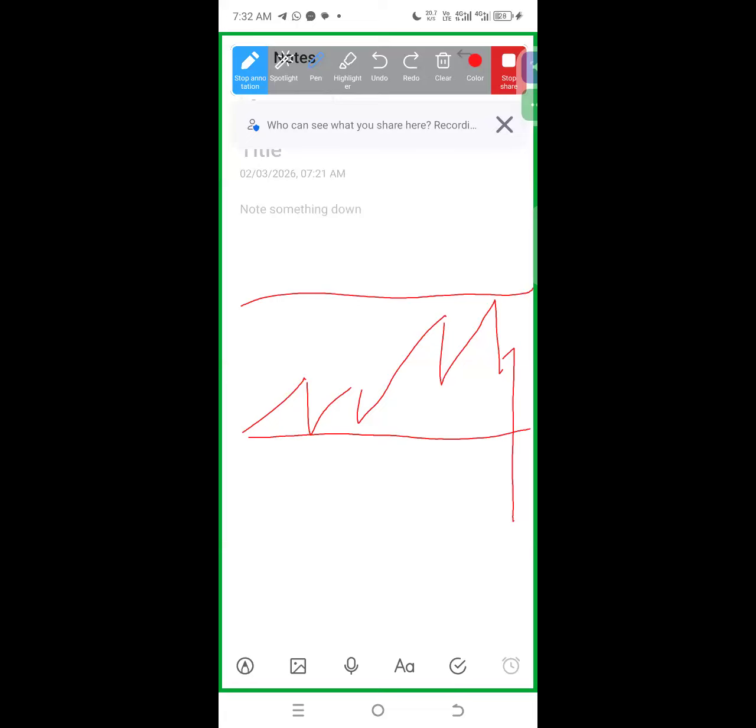So the chart is such that we read it from left to right. So these are left hand side, these are right hand side. Now, having this chart here, we can clearly see that the price moved from this place to this place. So this is a higher high.